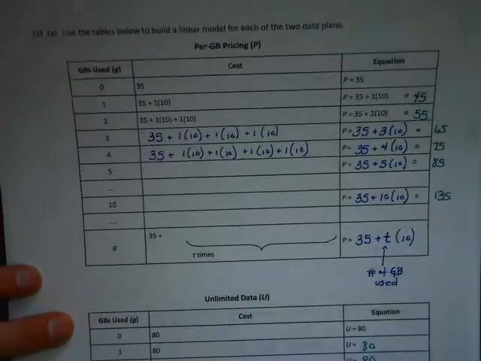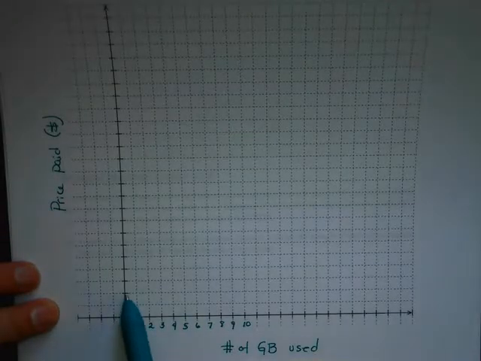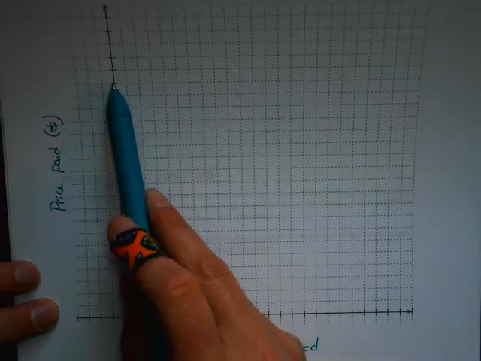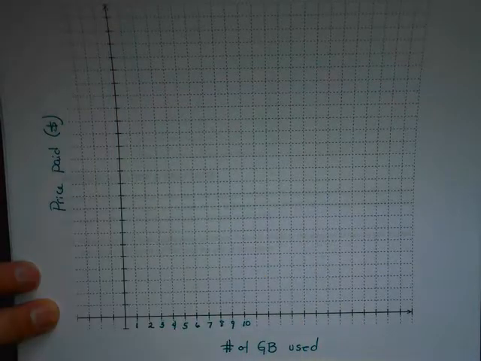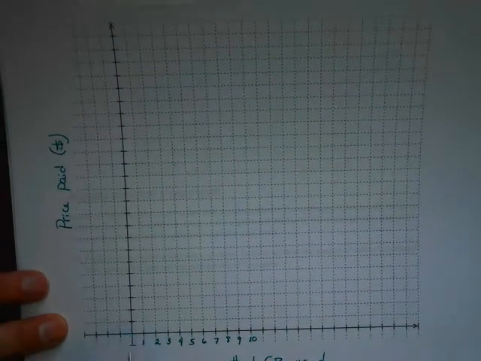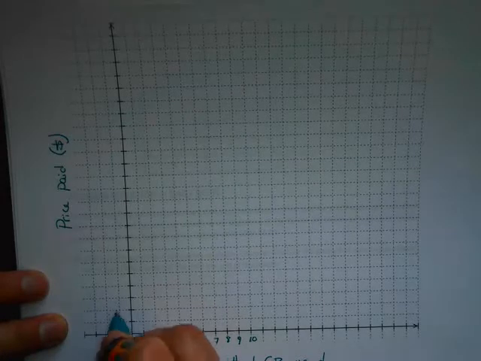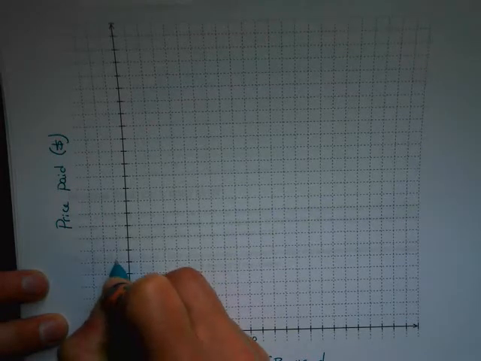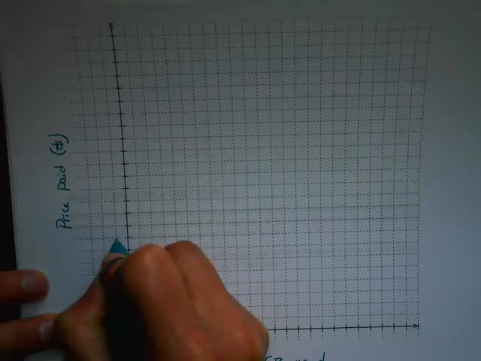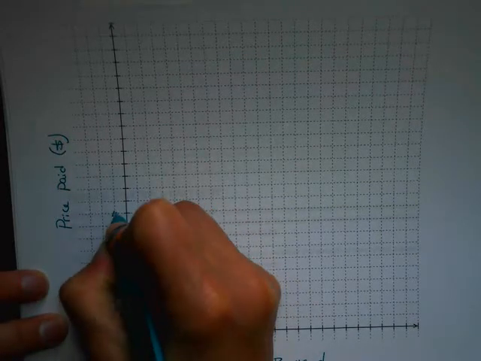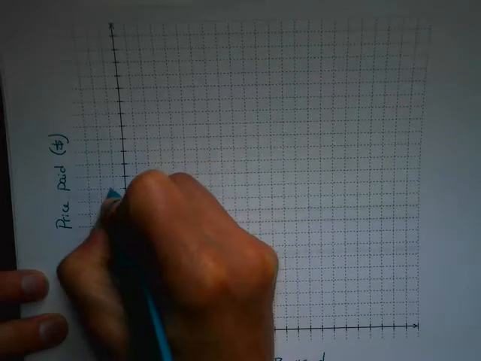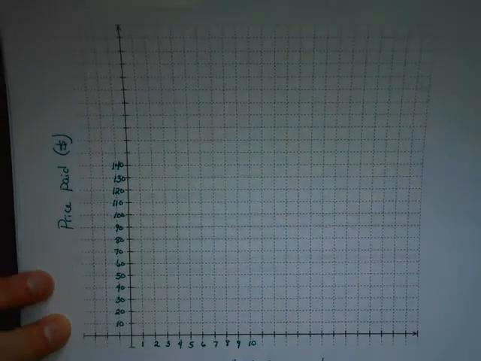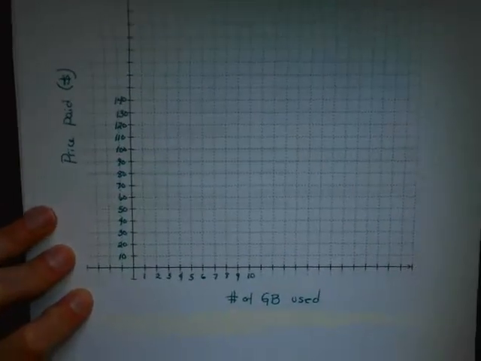That's not going to give it quite. How many we go by tens, okay? So $10, $20, $30, 40, 50, 60, 70, 80, 90, 100, 110, 120, 130, 140. Okay, that should get all of our points fitted on the same screen.